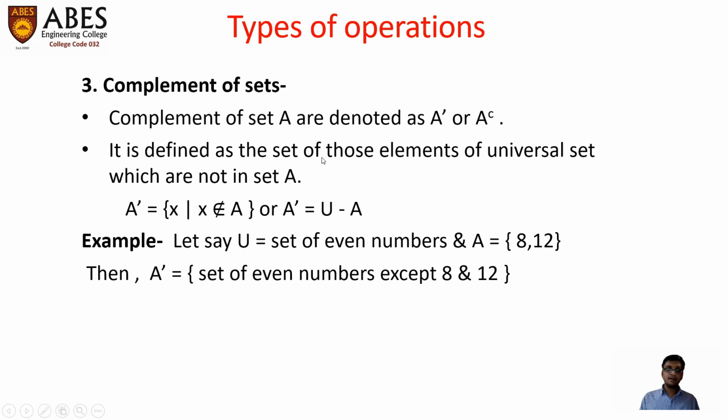It is defined as the set of those elements of the universal set which are not in set A. Out of the universal set, whatever set A is, the elements which are not present in set A, all of them together are called the complement of the set.